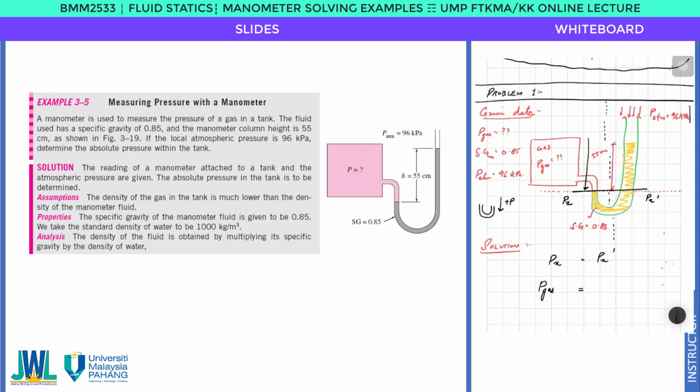So we move from here to here, then from here to here. So P atmospheric plus rho of the manometric fluid into gravity multiplied by the height until X dash. So height until X dash is 55 centimeter.